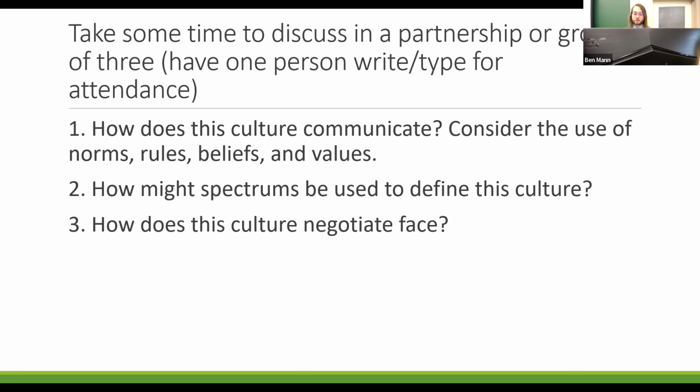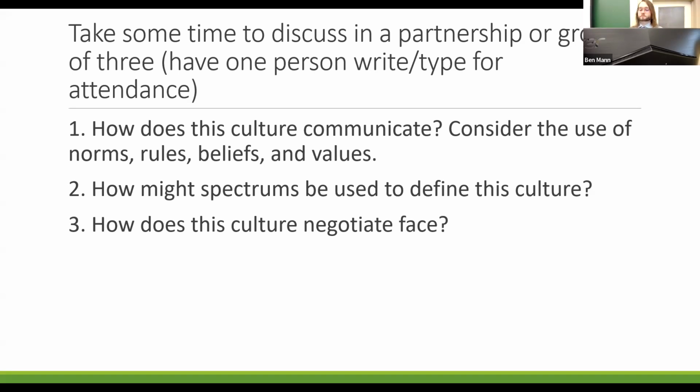So what were some things that were noticed here about that and the way that that was at play in this culture? Yeah, go for it. There's a large power divide between the high class and the low class. Their ability to give gifts and have better shrines. Any other spectrums that people noticed here or talked about?